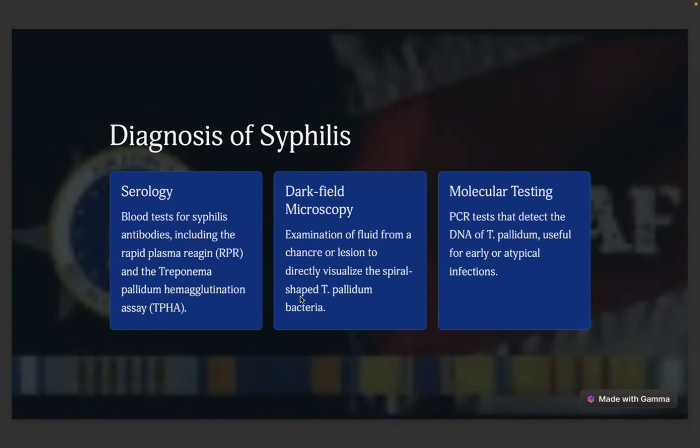You can do dark field microscopy, where you look for this bacterium under a dark field microscope. Literally, what you will see is a really dark field, and you will see this spirochete motile and kind of moving, and you will see the spiral form of the bacterium.